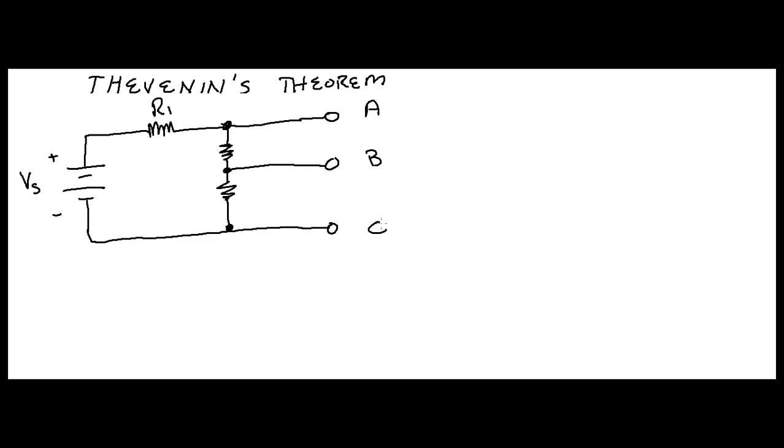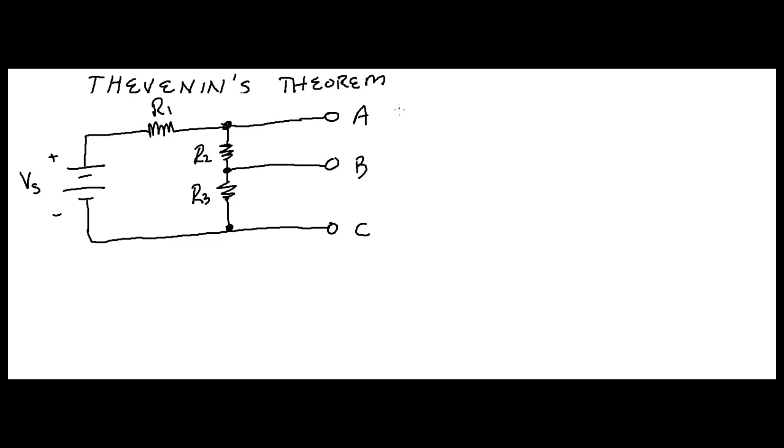So, let's have some fun with this one, shall we? Suppose what we're interested in, wait a minute, my fault. This is R2, and this is R3. Alright, so this is R2 and this is R3.